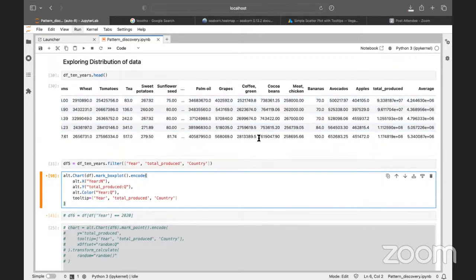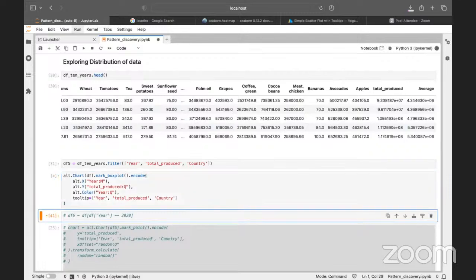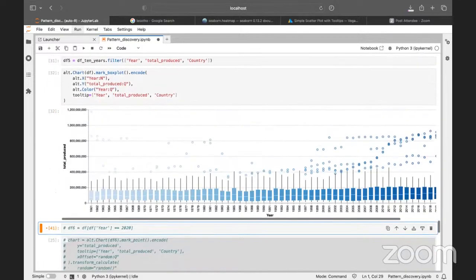And we want to differentiate it by the year as well. So we specify the color and then the tooltip, so that whenever we hover around our data, we have access to this information.